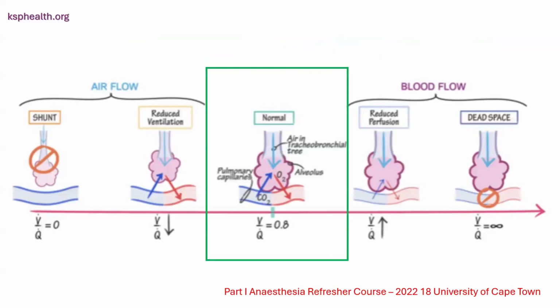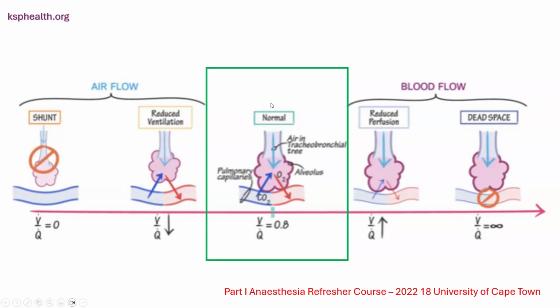I want to show you this picture. Normally, the air goes into the alveoli. It carries oxygen, and that diffuses into the pulmonary capillary blood. So deoxygenated blood comes in, gets oxygenated, then returns to the heart.